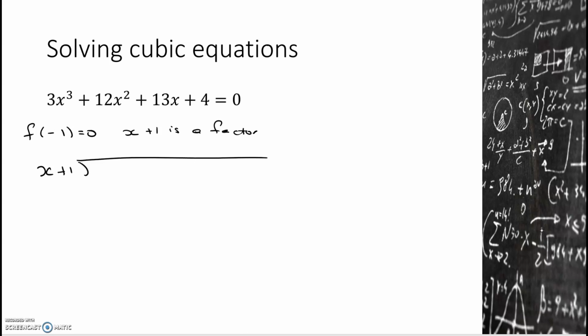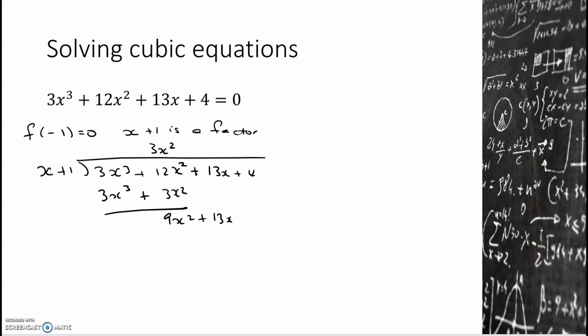x plus 1 into 3x cubed plus 12x plus 13x plus 4. Okay, so 3x squared, 3x cubed plus 3x squared, subtract, bring down, it's going to be plus 9x, multiply, subtract, bring down, multiply, subtract, nothing.